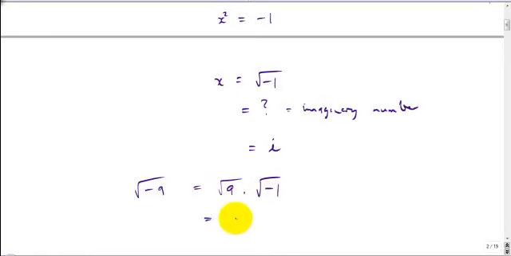Now we can solve that, because we've already said the square root of minus 1 is equal to i. The square root of 9 we know is plus or minus 3. So the square root of minus 9 is equal to plus or minus 3i.